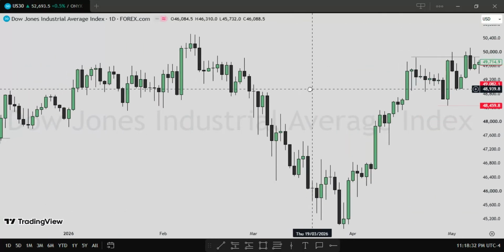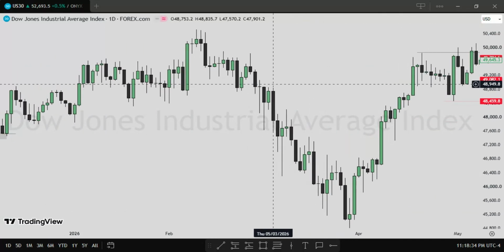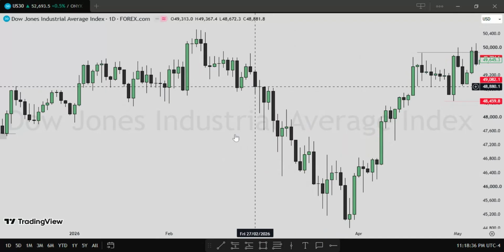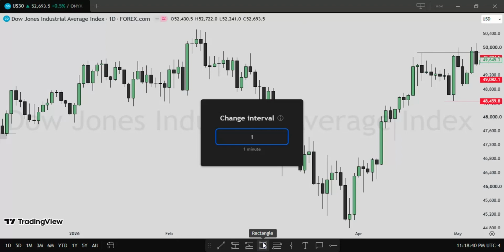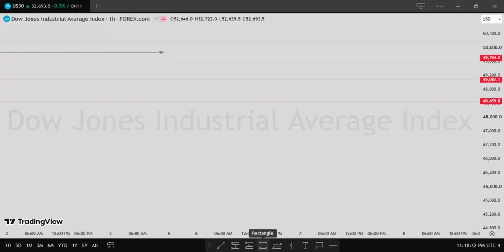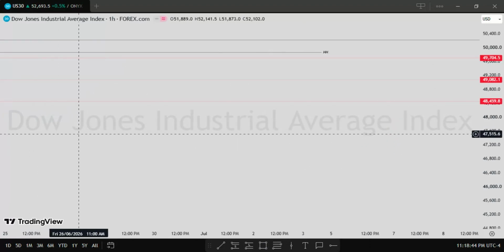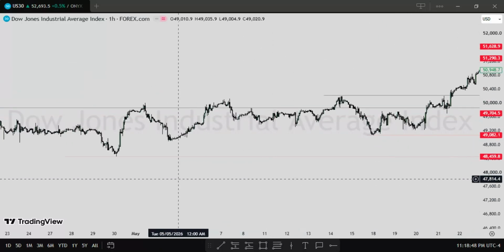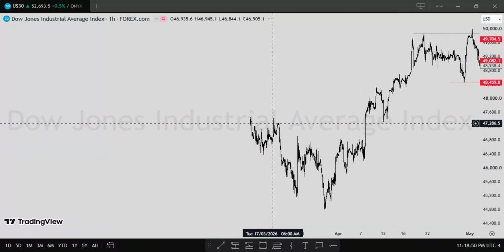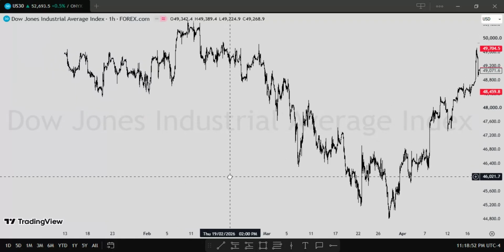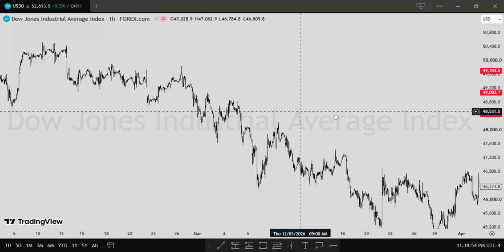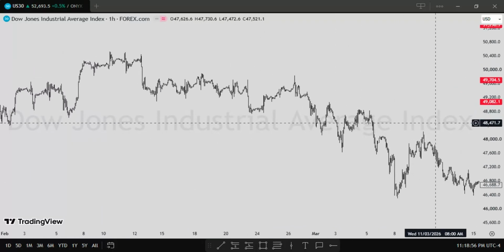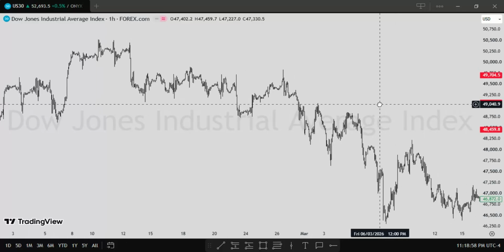A simple example of a downtrend is this. Let me go to the 1 hour. It's just the exact opposite of the uptrend.